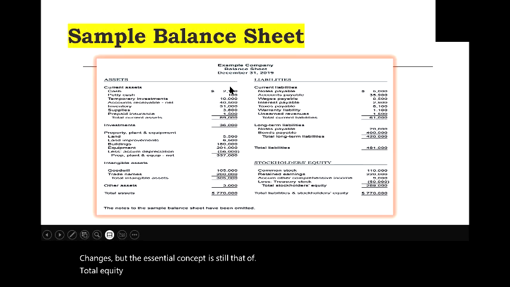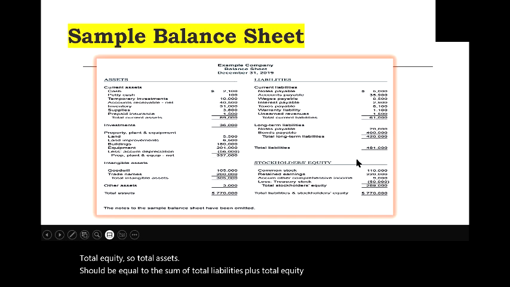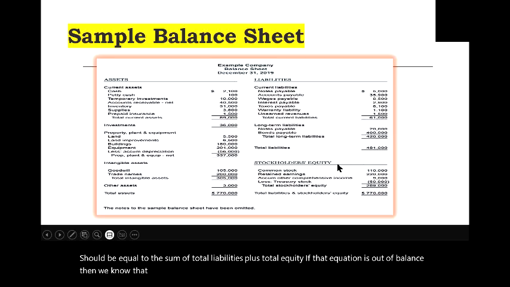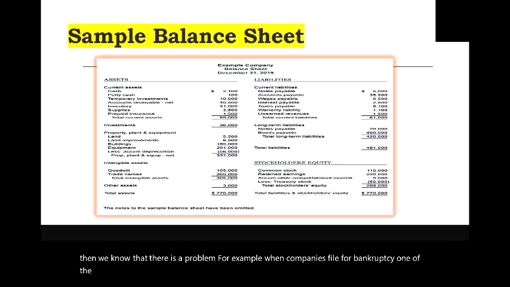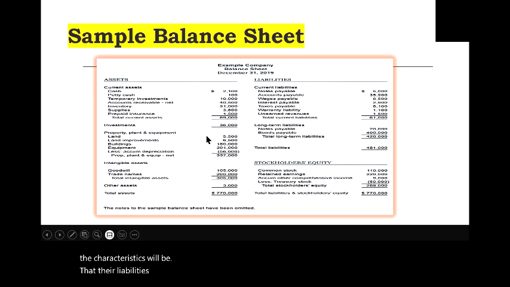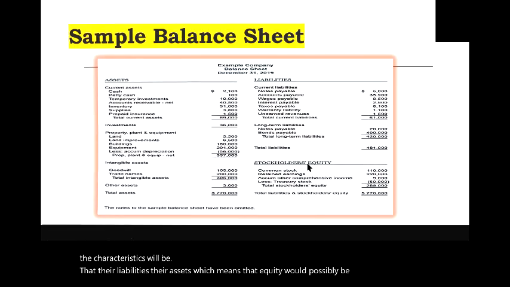So total assets should be equal to the sum of total liabilities plus total equity. If that equation is out of balance, then we know that there is a problem. For example, when companies file for bankruptcy, one of the characteristics will be that their liabilities exceed their assets, which means that equity would possibly be negative in that scenario.